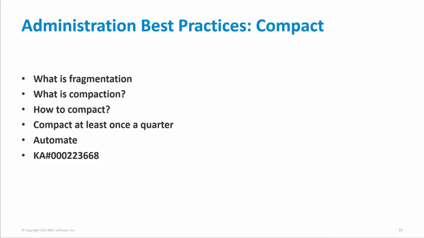Administration best practices, compact. What is fragmentation? This is about the way the data is structured in the data store files. This structure changes over time, so the files take up an unnecessarily large amount of disk space. And beyond a certain point, this can cause performance and health issues. What is compaction?